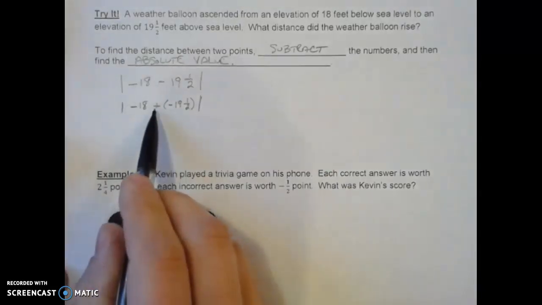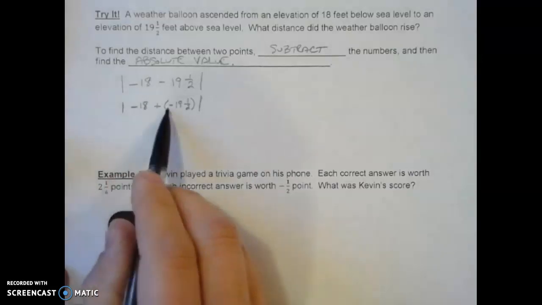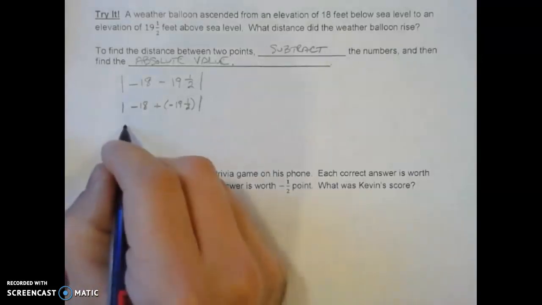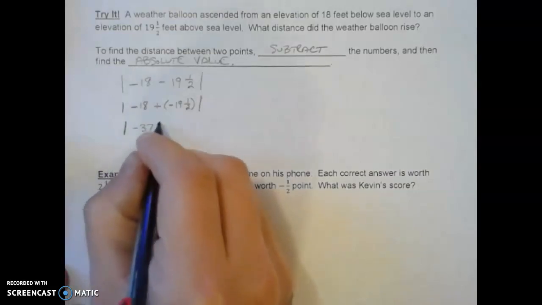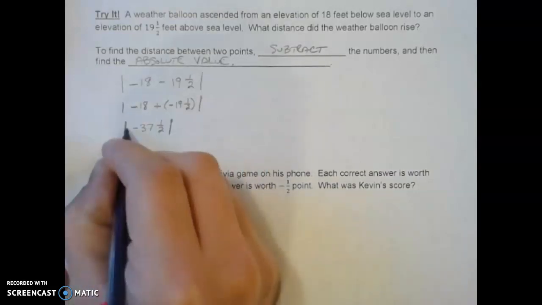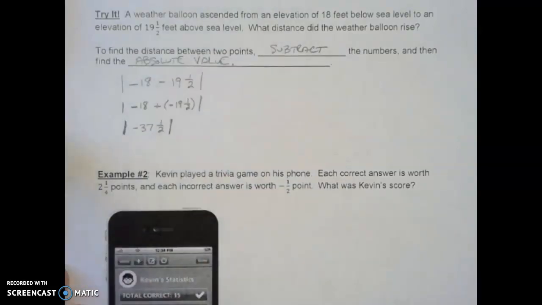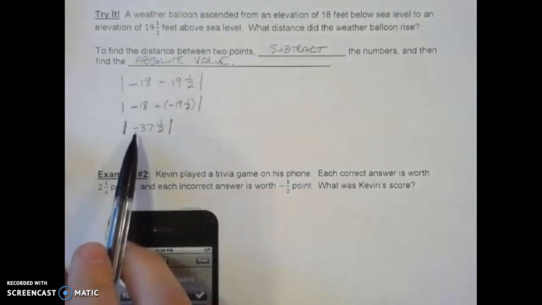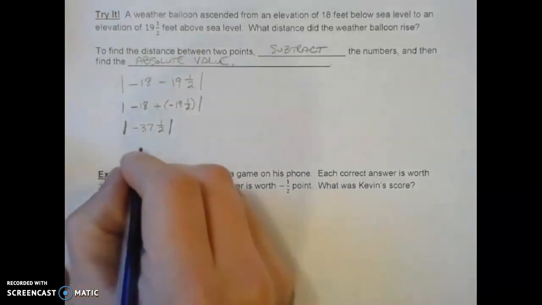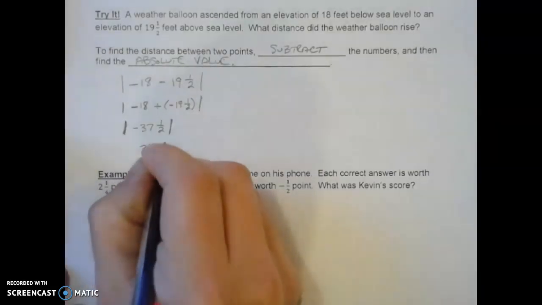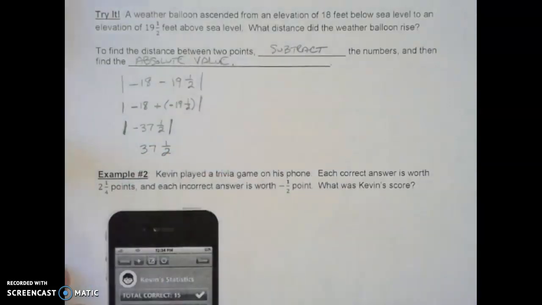If I look at my addition problem, these numbers have the same signs, so I'm going to add them together. So this is going to give me the absolute value of -37.5. And this is why we needed to take absolute value, to make sure that we would end up with a positive number here. When I take the absolute value of -37.5, that gives me 37.5.